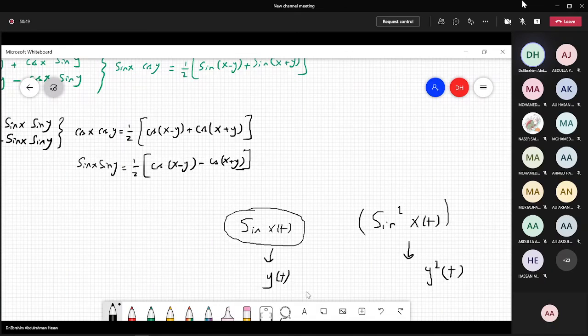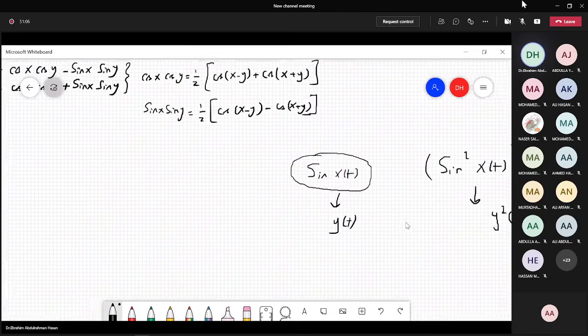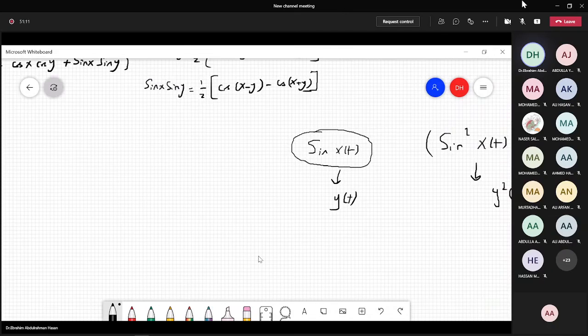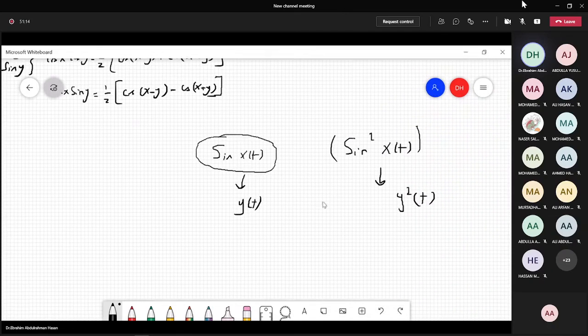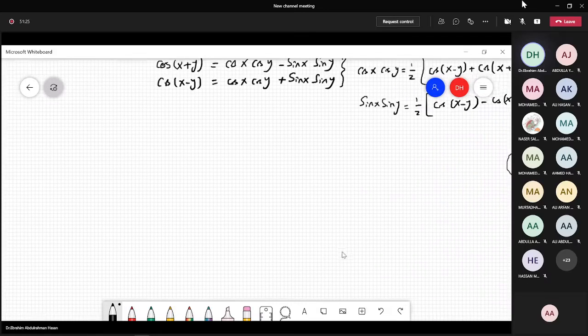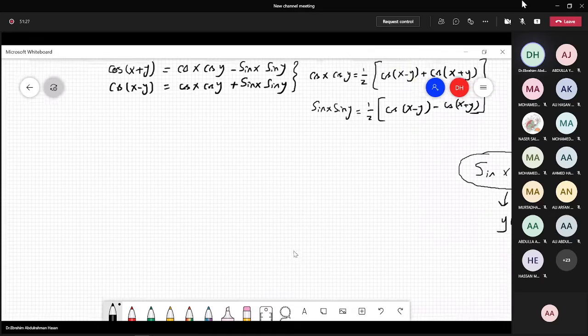So this one is linear in y, and this one is non-linear. We want it in this form because the integration is very easy for this one, it is just minus cosine. While this one we need to linearize to get something similar to this, so then we can integrate it. Is that clear? In the end, if you hear that we linearize, it doesn't mean we make it linear, but that we make the power equal to 1 here. But there is a definition for a linear system, for example, that we will get to and talk about, God willing.